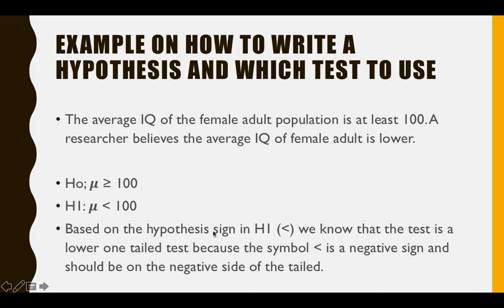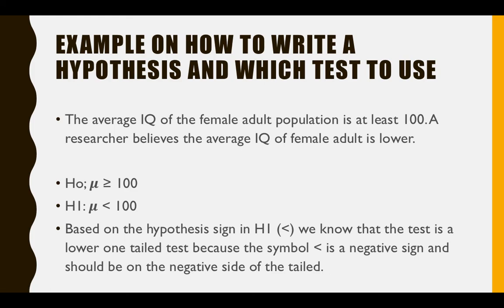So based on the hypothesis sign in H1, which is less than, we know that the test is a lower one-tailed test because the symbol less than is a negative sign and should be on the negative side of the tail.